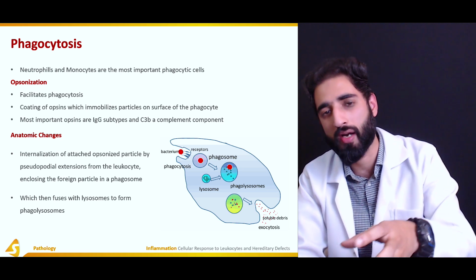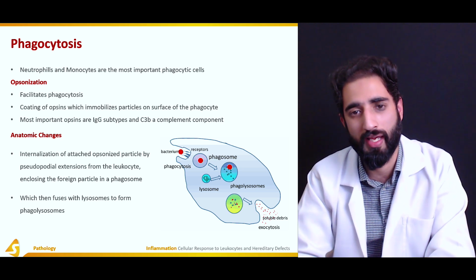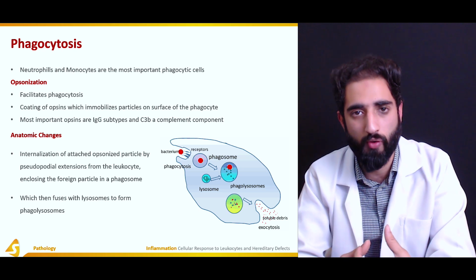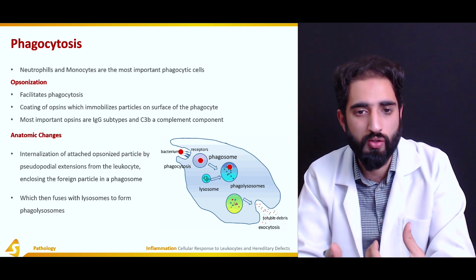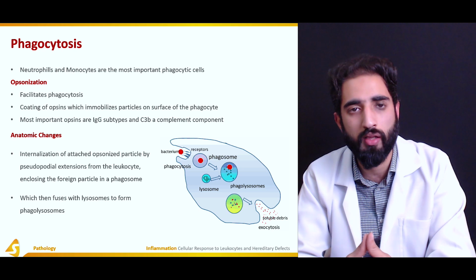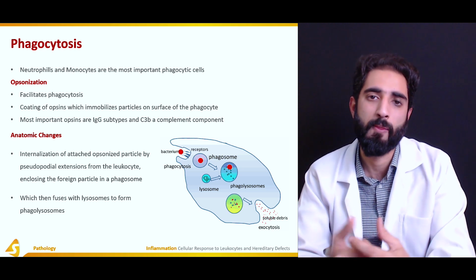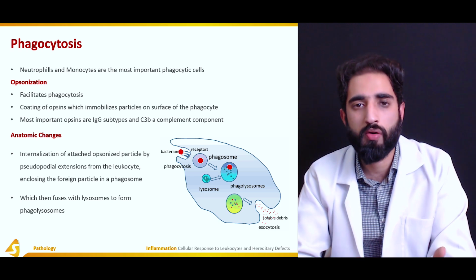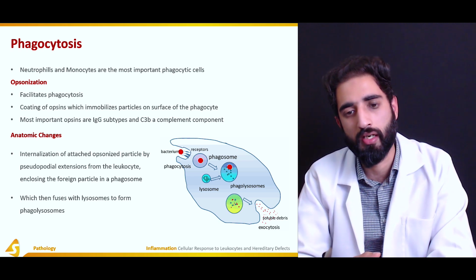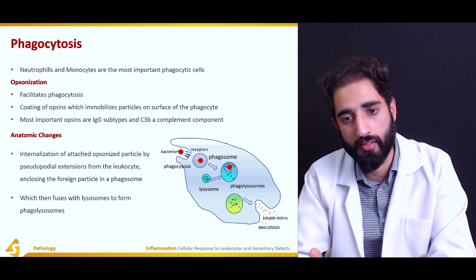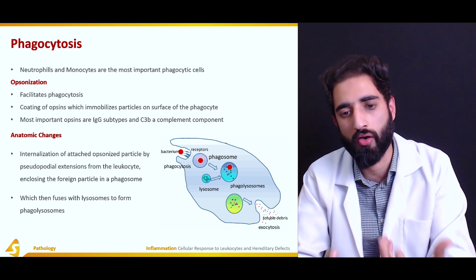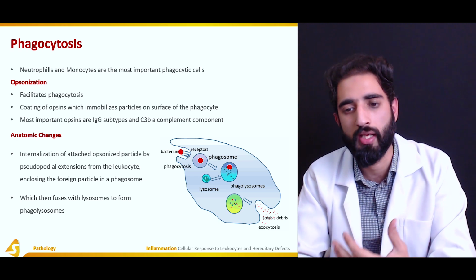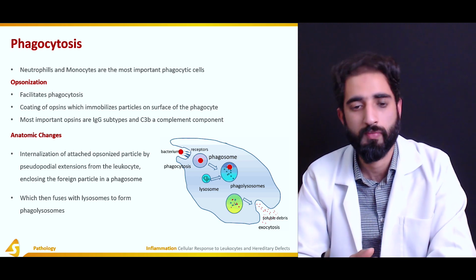Once the particle or microorganism is immobilized and becomes stationary, it becomes easier for the macrophage, neutrophil, or monocyte to engulf that organism or product. The most important opsonins are immunoglobulin G, or IgG subtypes, and C3b, which is a part of the complement component.